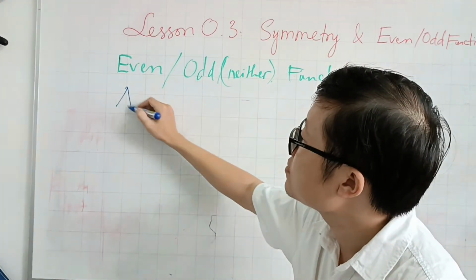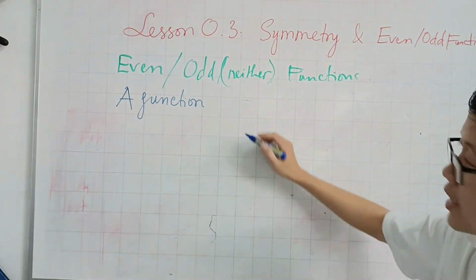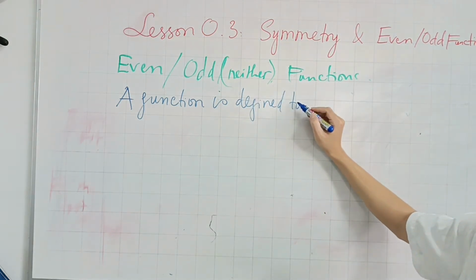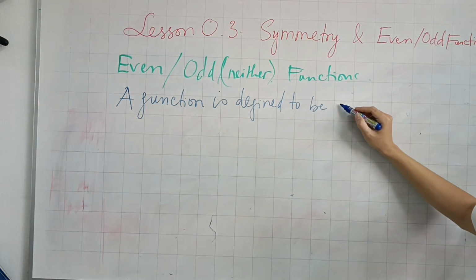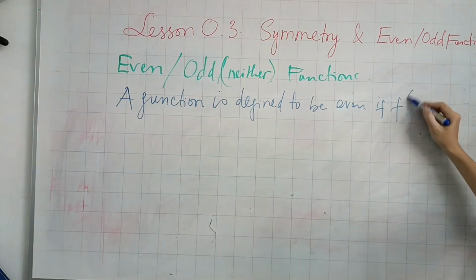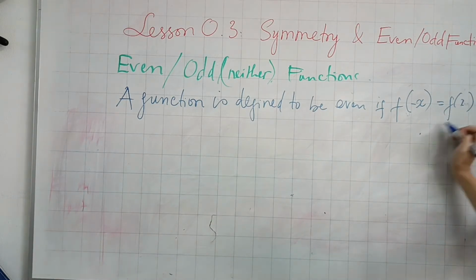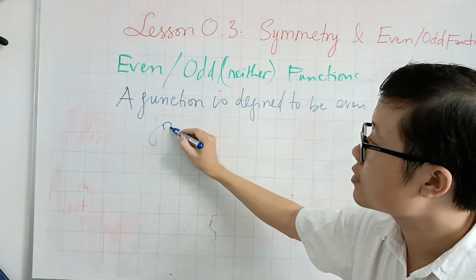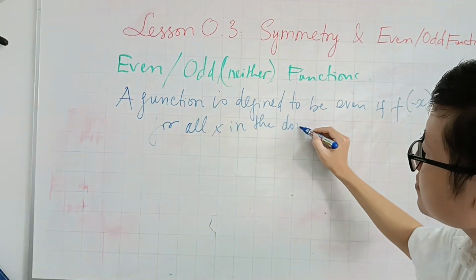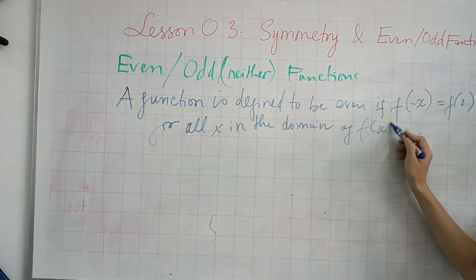A function is defined to be even if f(-x) equals f(x) for all x in the domain of f(x).